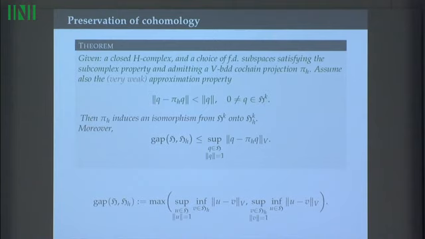This will certainly happen in some sort of limit h goes to 0, so you can ignore this. In these cases, when you have a subcomplex with a bounded cochain projection, the projection itself, well, that's a chain map, so it induces a map on cohomology, and that map is an isomorphism. So automatically, the discrete harmonic forms have the right dimension, the same dimension as the true harmonic forms.